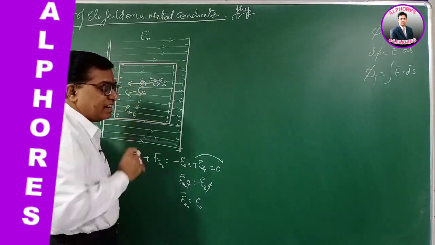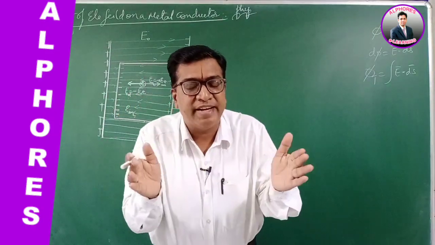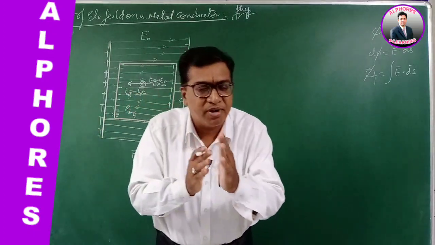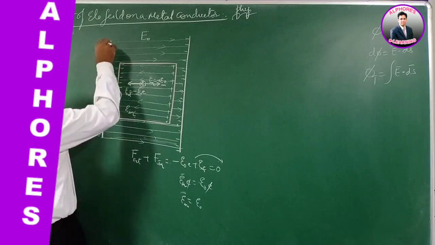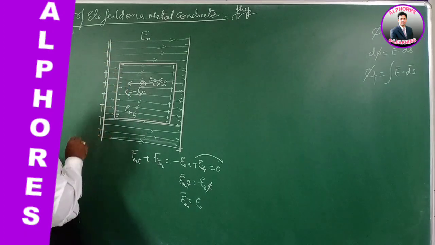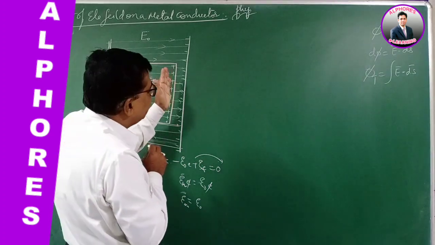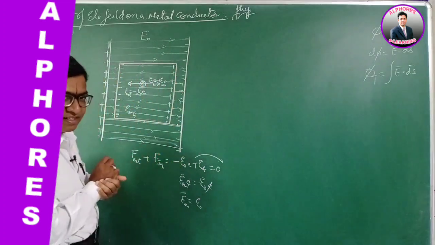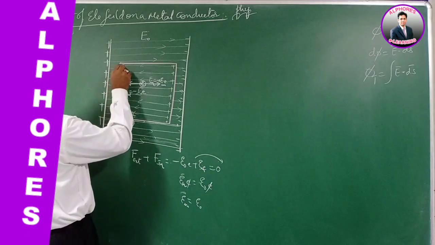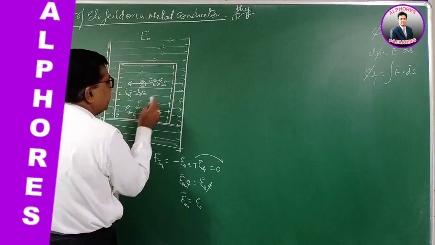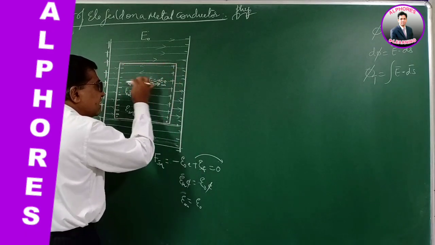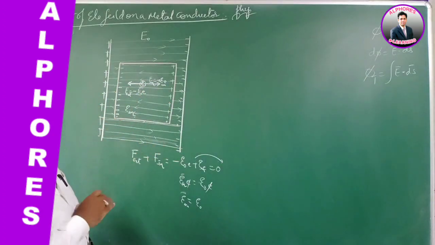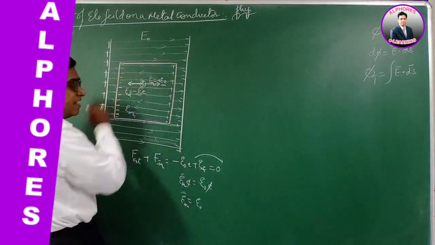But inside the metal, when the charges get relocated, electrons move to the side where the positive charge of the external field exists, and positive ions move to the side where the negative charge of the external field exists. These positive and negative induced charges produce an induced electric field inside the metal block, and that electric field is in the opposite direction.